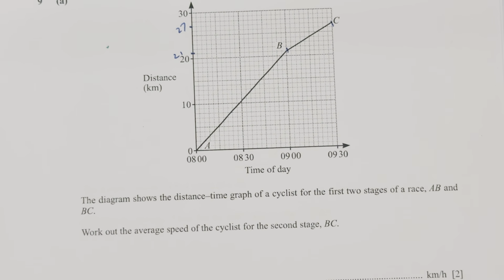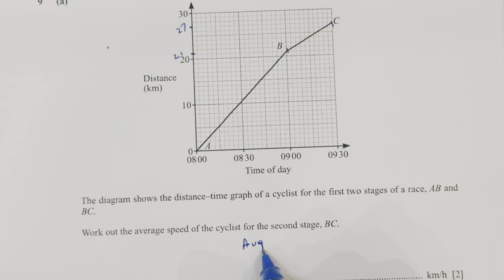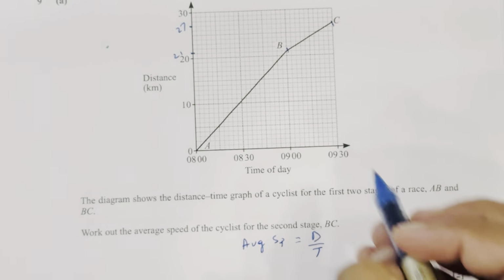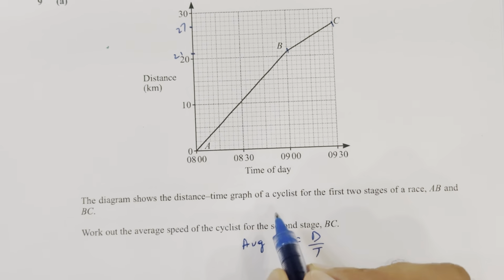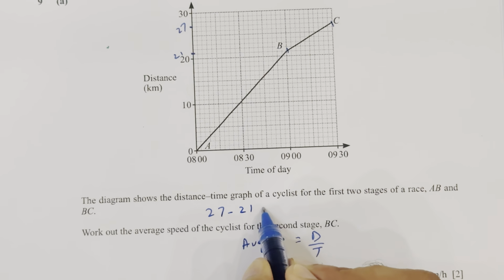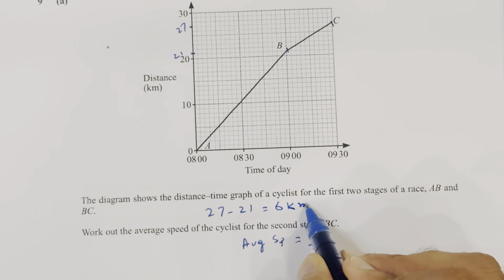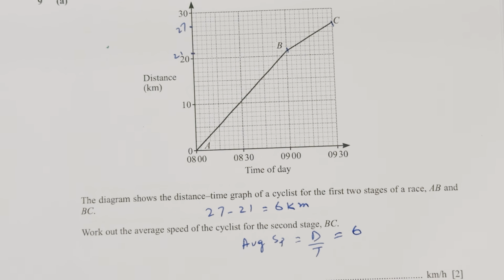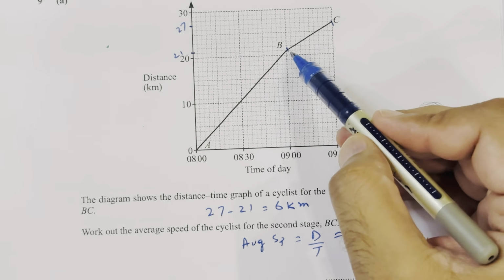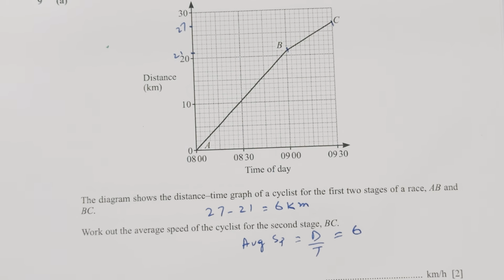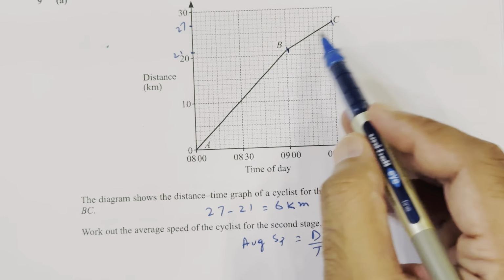Now you can see B and C as well. So this is 27 and 21, and we know that average speed has a formula that is equal to distance over time. So the distance is 27 minus 21, that is 6 kilometers. So we're going to write distance as 6 kilometers, and from here the time is 30 minutes, from 9 to 9:30.